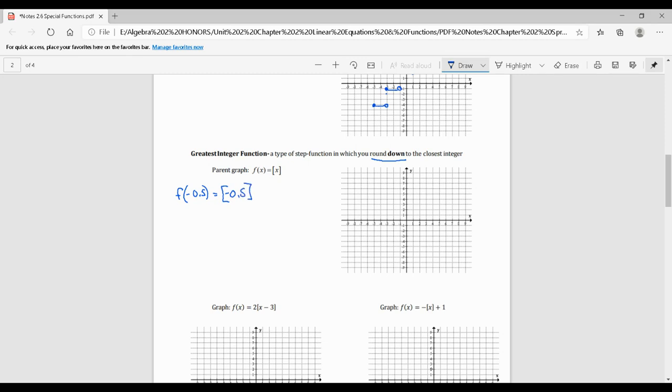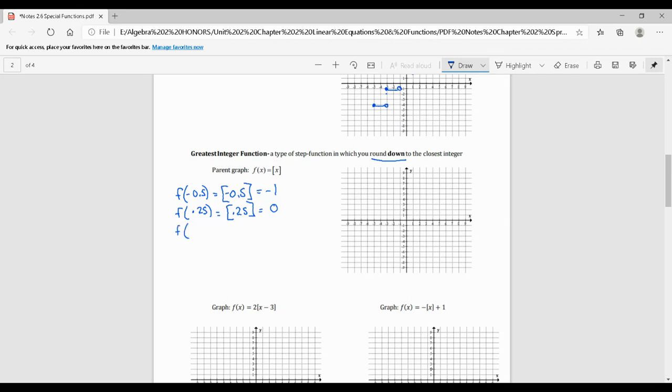So when I round negative 0.5 down, that gives me -1. Let's do a couple more. If I said f of 0.25, that would be saying what's the greatest integer of 0.25? And that is 0, rounding down.